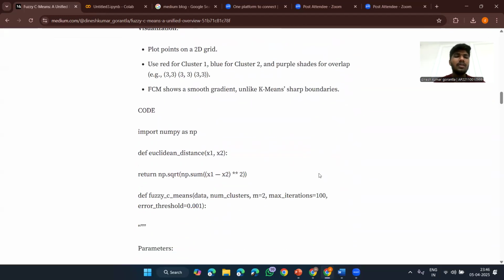Code: import numpy as np, def equivalent distance x1, x2, return np.sqrt(np.sum((x1 - x2) ** 2)), def fuzzy c means (data, number of clusters, m=2, max iterations=100, error threshold=0.001).